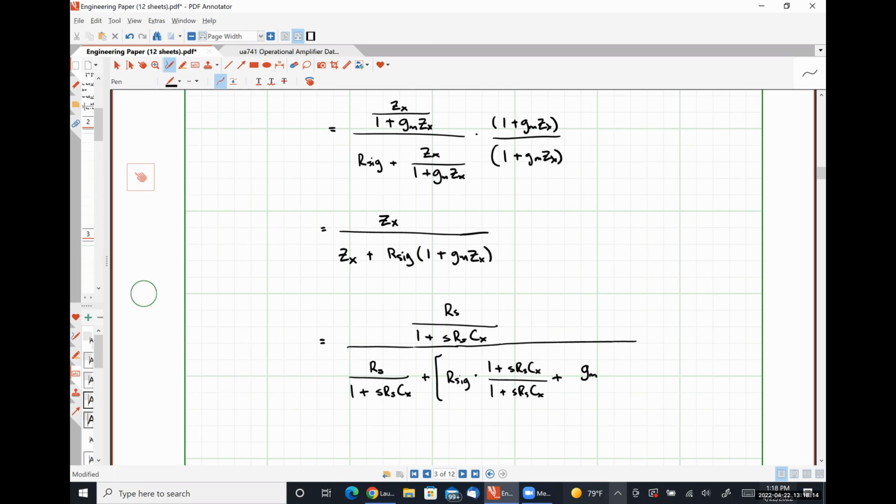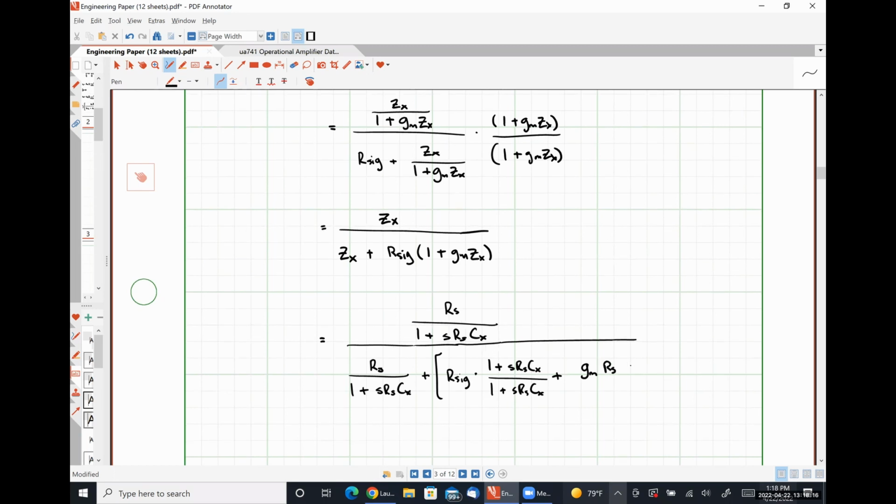So that's going to look like GM times RS times R sig divided by 1 plus S RS CX.